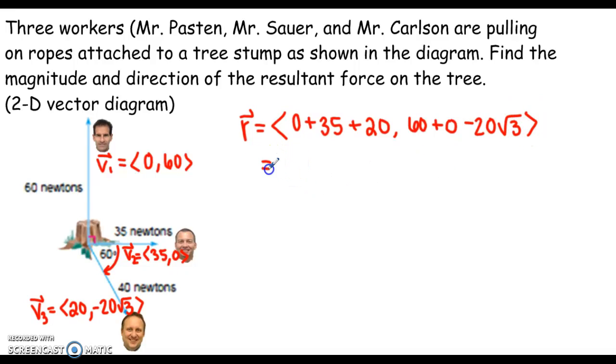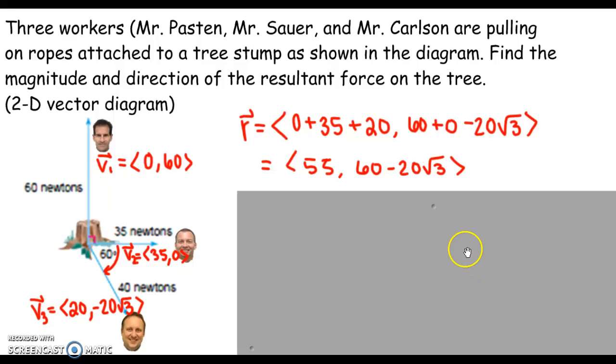So we're just going to simplify that off. So we've got 55 and 60 minus 20 square root 3. We've done this many times in the last couple days. What I want you to do is pause the video right here, find the magnitude of the resultant vector and the angle.